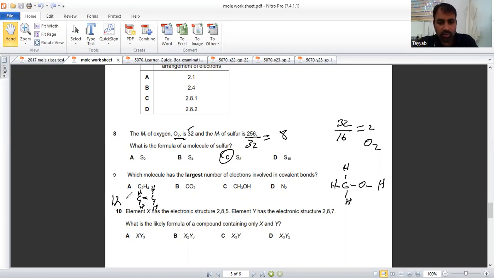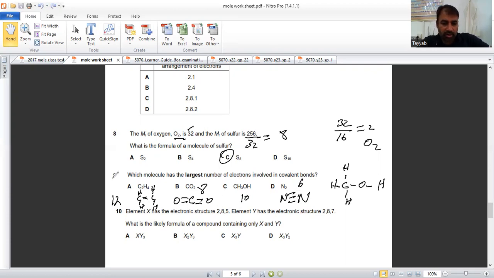So from this, you can conclude: in carbon dioxide, there are 4 bonds between carbon and oxygen. Between one oxygen and carbon there are 2 bonds, and the other is also 2 bonds. In total, 4 bonds. 4 twos are 8. 8 electrons involved in bonding. Here, 10 electrons are involved in bonding, and in this case, N triple bond N, again 3 twos are 6.